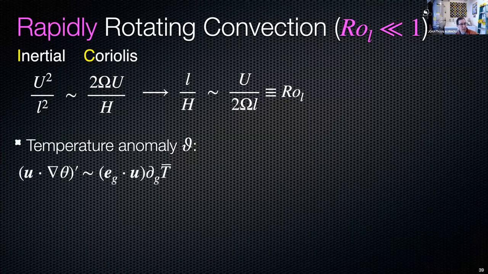And if we then estimate our temperature anomaly in the system, we'll do that by balancing essentially the advection term for the anomalies with the advection of the background temperature gradient.